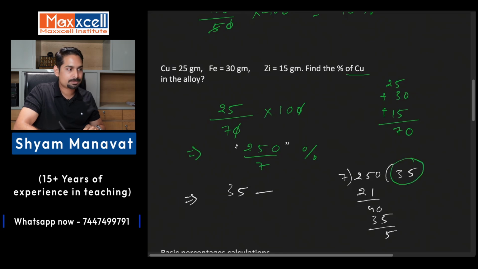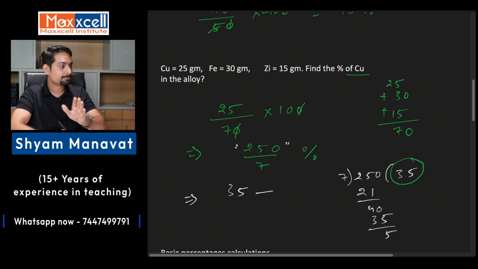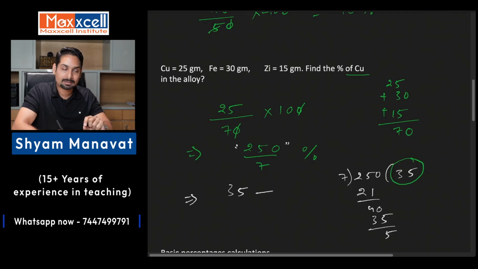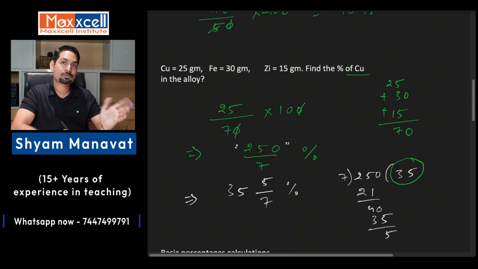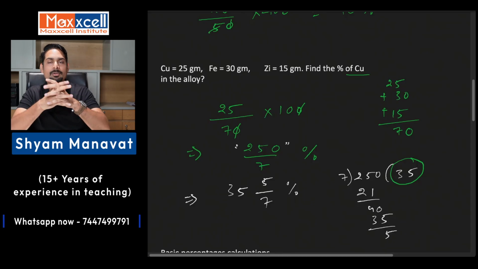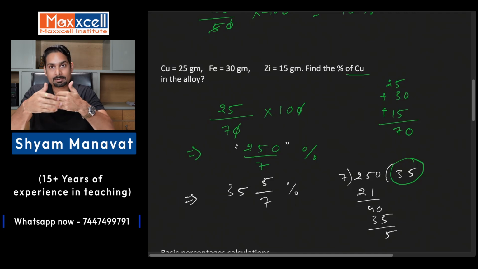That's the value which you get after dividing. 35 is the quotient, the remainder is 5, and the divisor is 7 here. So 250 by 7 percent can also be written as 35 and 5 by 7. I hope by now you are clear on how to calculate percentage.